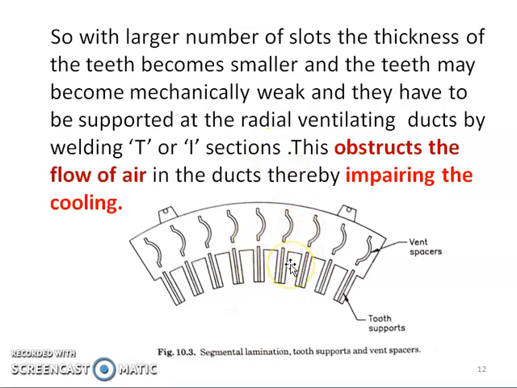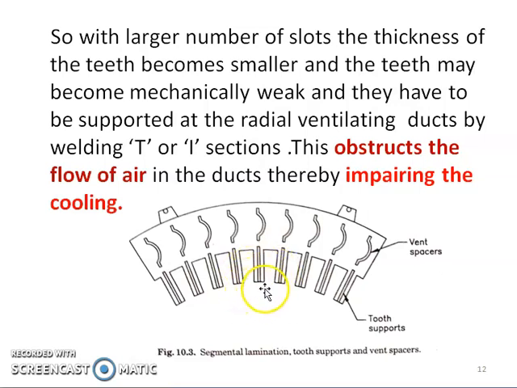Here, when the designer chooses a large number of slots, definitely slot pitch will be less, and with smaller slot pitch, the tooth section becomes mechanically weak. Once the tooth section becomes mechanically weak, it needs to be reinforced mechanically. Then how to reinforce it?